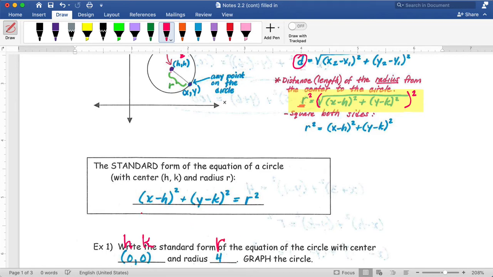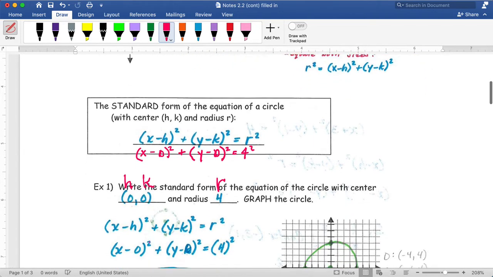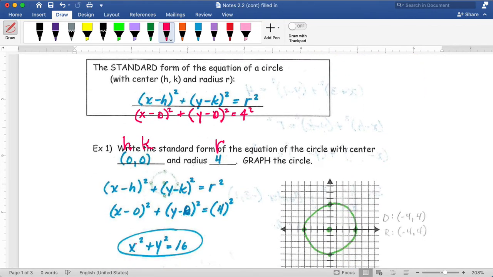So I would put a 0 in here. x minus 0 squared plus y minus 0 squared equals r. r is 4, but don't forget about the squaring. And when you clean this up, you end up with x squared, because x minus 0 is x and you keep the squaring, y minus 0 is y, you keep the squaring, and then you square the 4, you get 16.